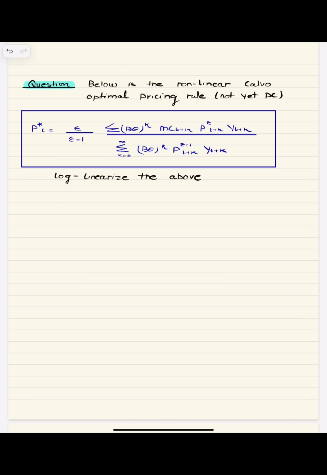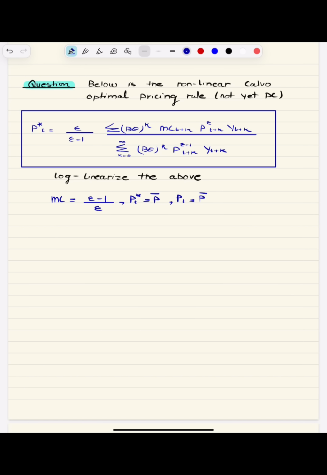So let's start doing it. Remember that in a steady state, the marginal cost is equal to epsilon minus 1 over epsilon, which is just given, and the value of p star is p bar, and pt is also going to be p bar.